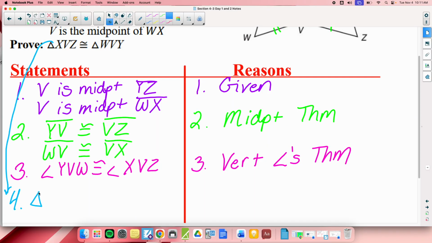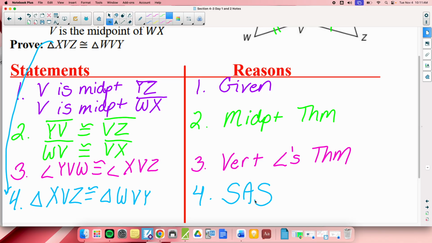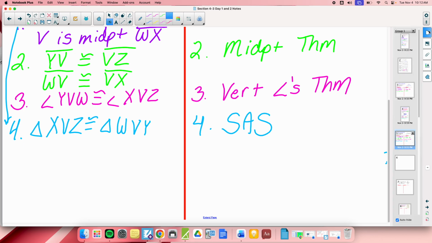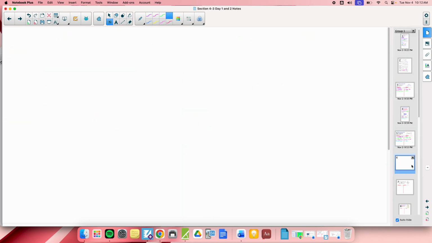So I'm gonna go triangle XVZ is congruent to triangle WVY by side, angle, side. Okay? If you are doing that last step, you have a 50-50 chance on that, because this last step is always gonna be side, side, side, or side, angle, side.